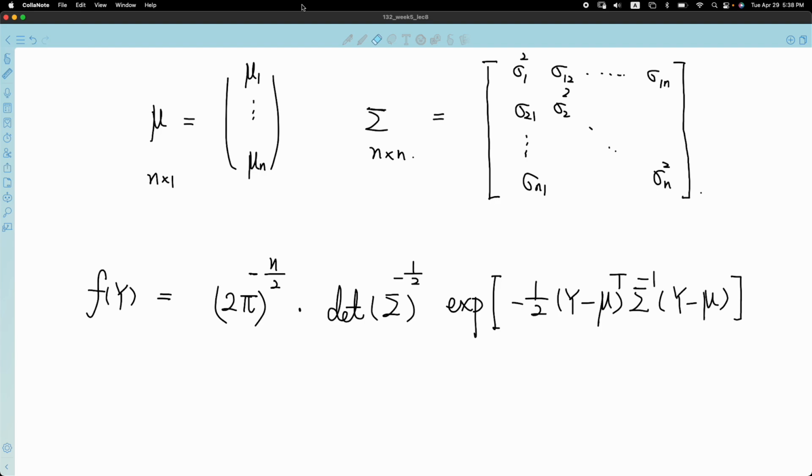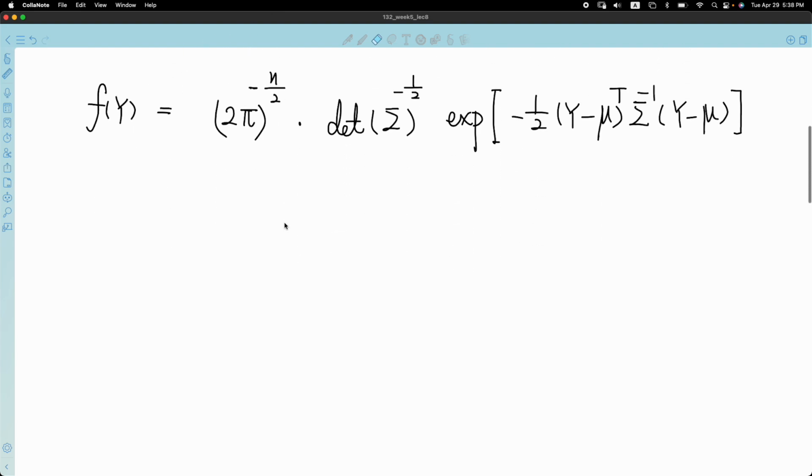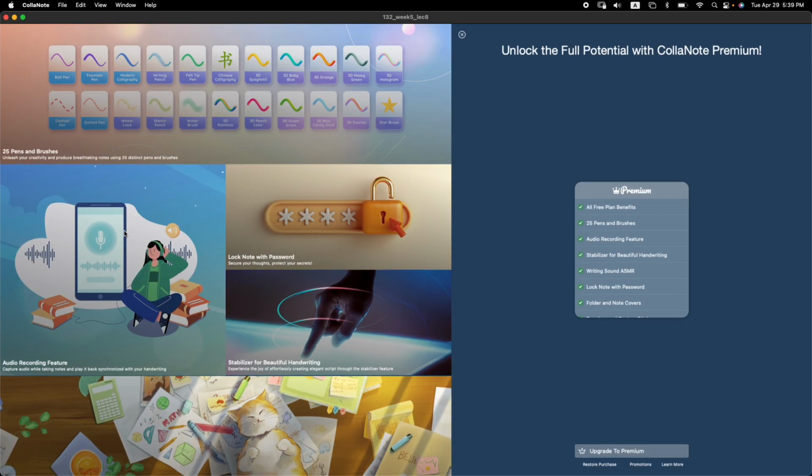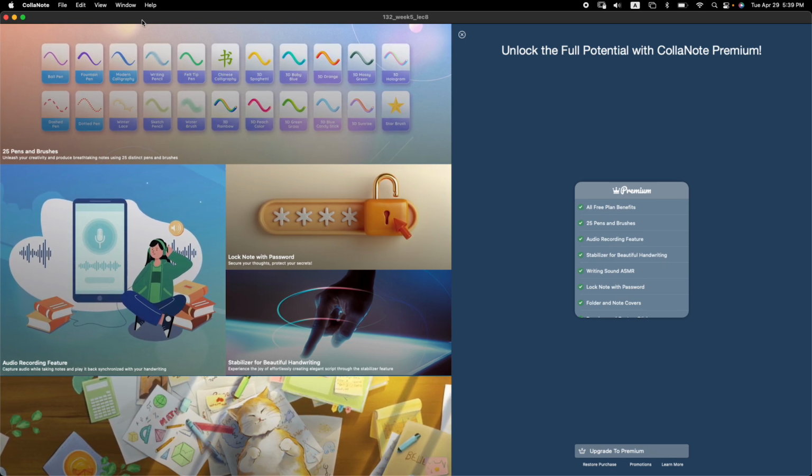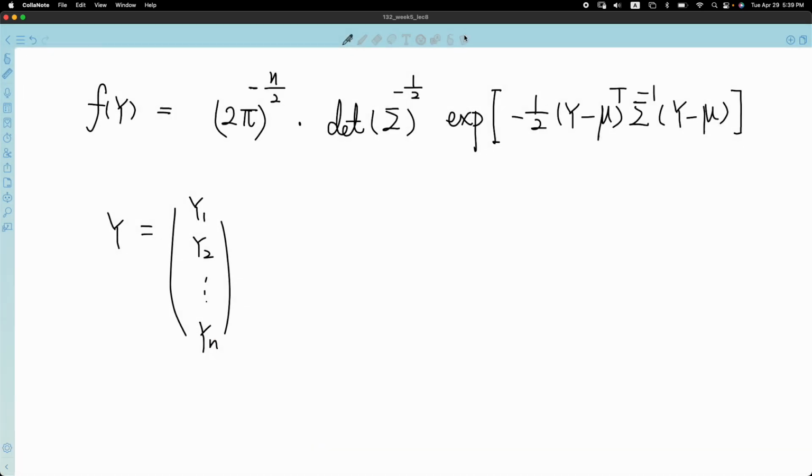Now let me comment a little bit on the matrix vector multiplication. First, let me introduce the transpose operation. You have the variable y, which is y1, y2, all the way to yn, a column vector with n entries. If you're reading a paper without other specifications, people use column vector if they don't say anything.